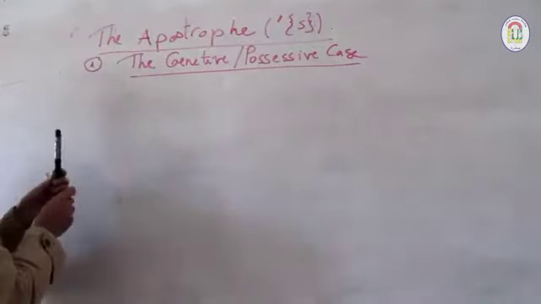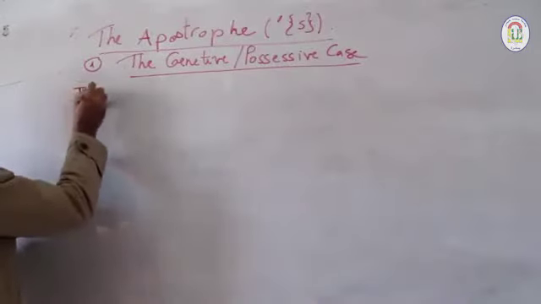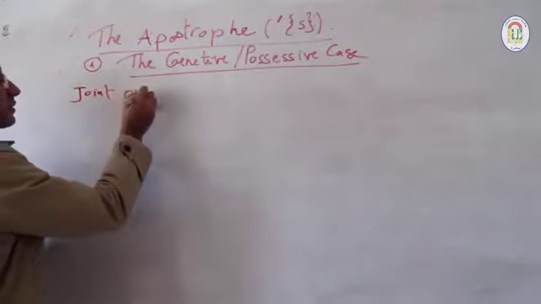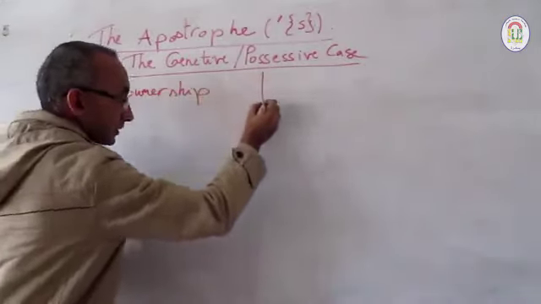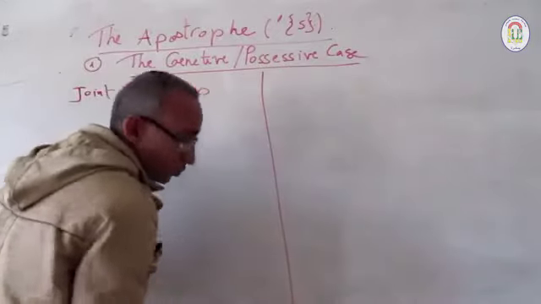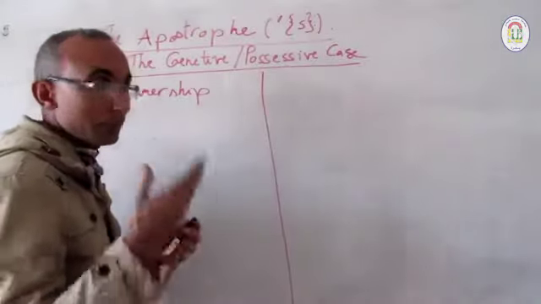Number one, we have what we call joint ownership. This indicates that two or even more people share the same object or property.